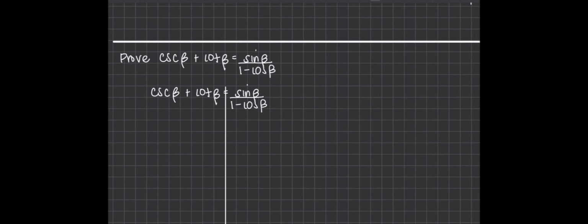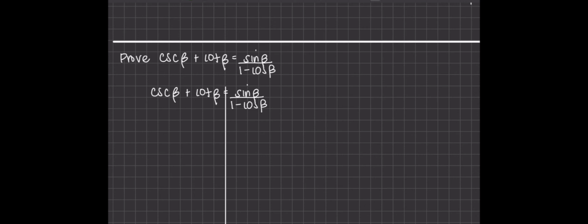When I look at this problem, to me, I see the right side being the most complicated because of that fraction. So I'm going to work on that side. And when you have a problem like this one, where you have a sum or a difference in the denominator, and in that sum or difference, none of the terms are squared, so this is just cosine of beta, my suggestion is to use conjugates. So a conjugate is when your terms are the same, but the sign between your sum or difference is the opposite.